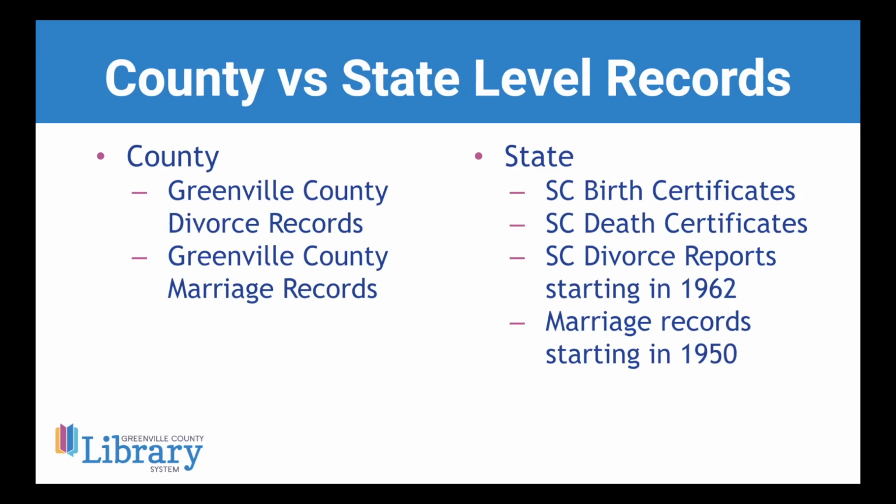And then you have your Greenville County marriage records, and you can request those through the probate office. But there's also marriage certificates starting in 1950, because county officials did begin sending copies to the state in 1950. So you could also decide to get those through the state instead.